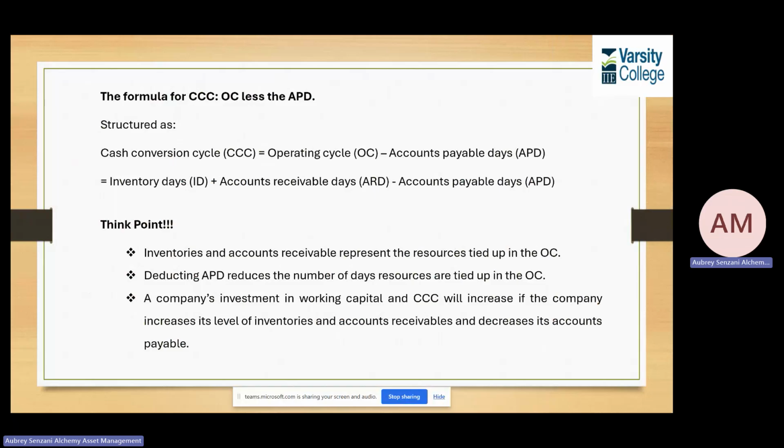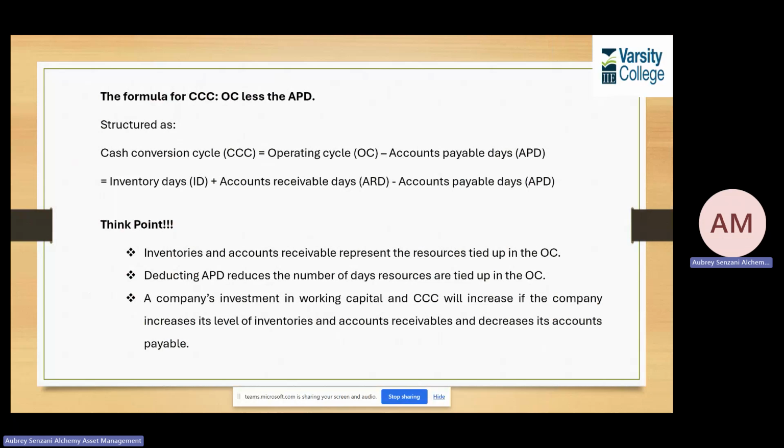Okay, the formula for your cash conversion cycle, and this is what I was talking about earlier, Nadia: we don't just say, here's the formula, give us the answer. We can say, we want to find out your operating cycle, and then give you the accounts payable days and the cash conversion cycle, for instance.